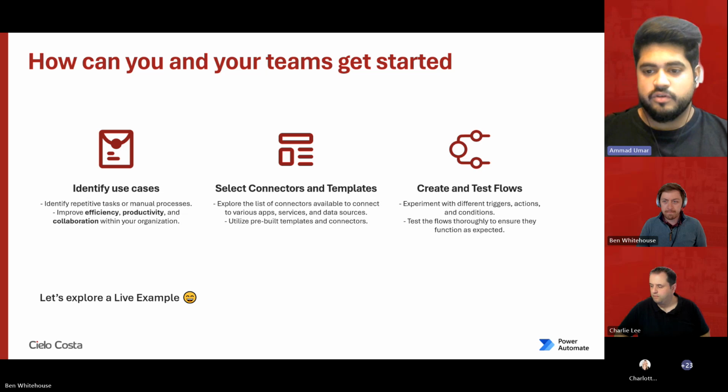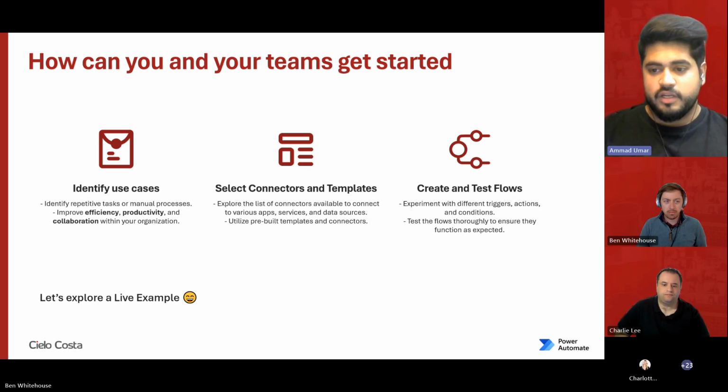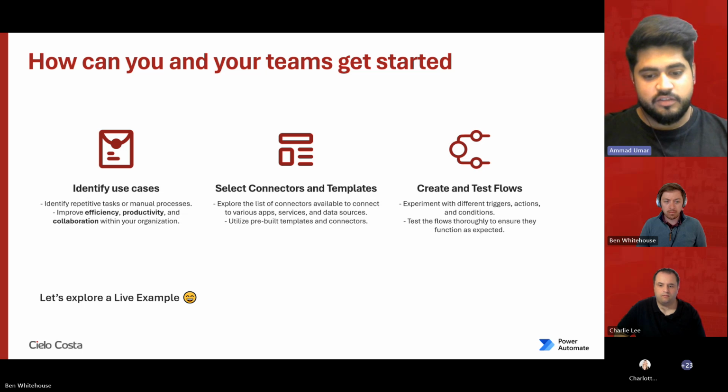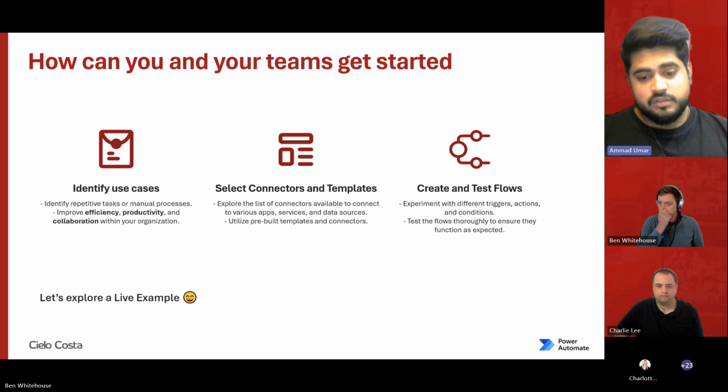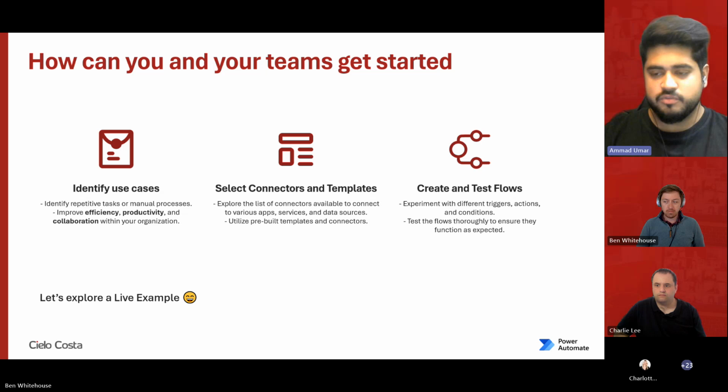And then once you have your use cases identified, you can move on and select your connectors from the list available. It would allow you to connect with various apps, services, any external APIs that you have. And you can even utilize the pre-built templates and connectors that Microsoft gives you to jumpstart your automation efforts.